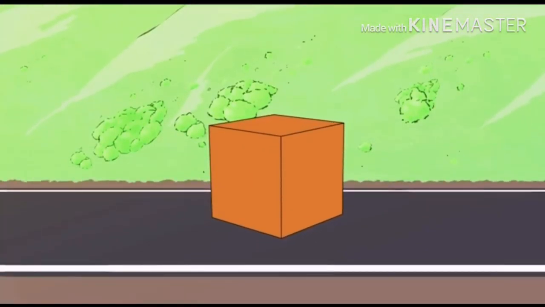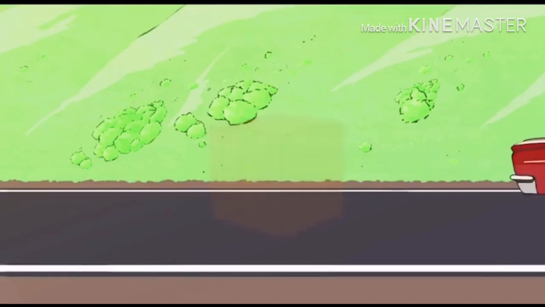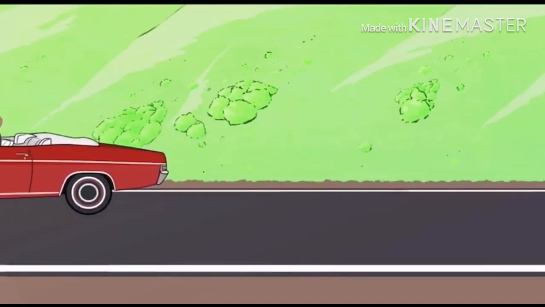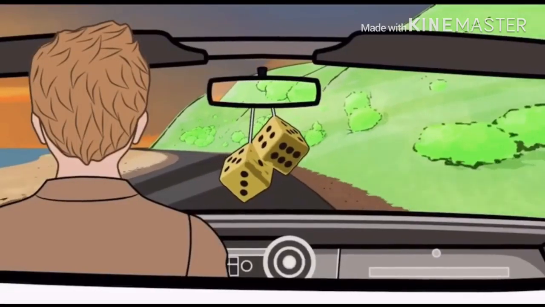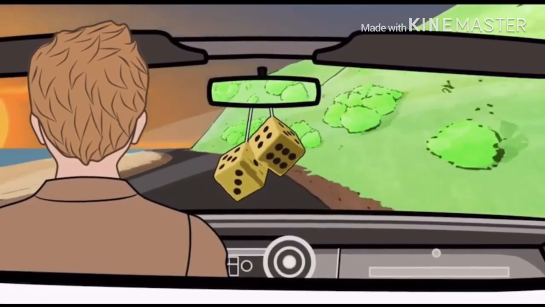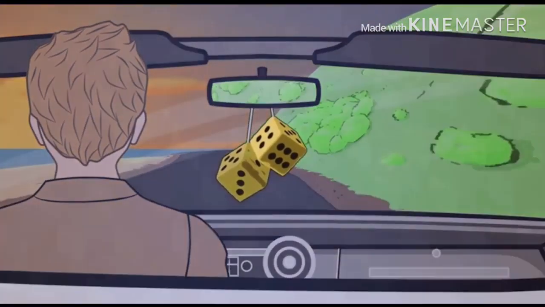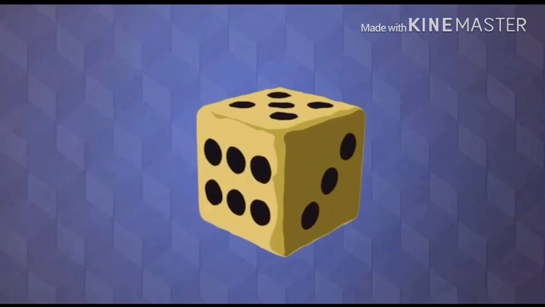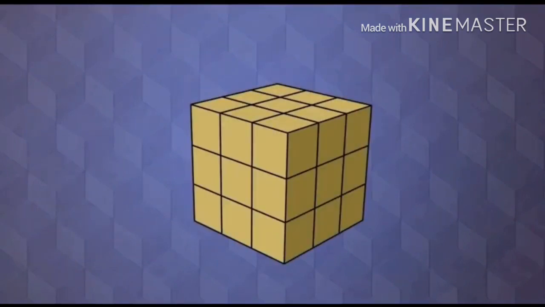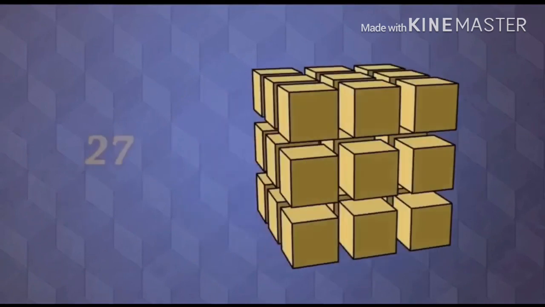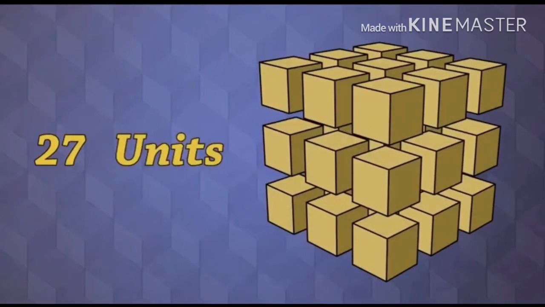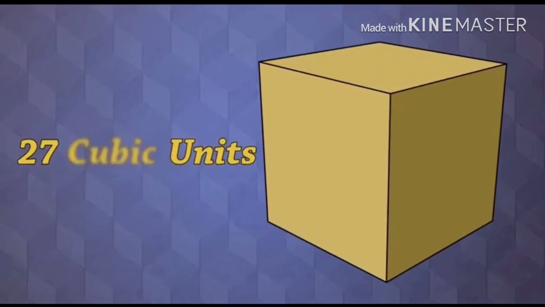To find the volume of a cube, side times side will tell you the number of times a cubic unit will be able to fit inside it. Imagine a cube with edges of 3. Multiply 3 by 3 by 3 to see it can fit 27 units. Gotta mention that they're cubic.